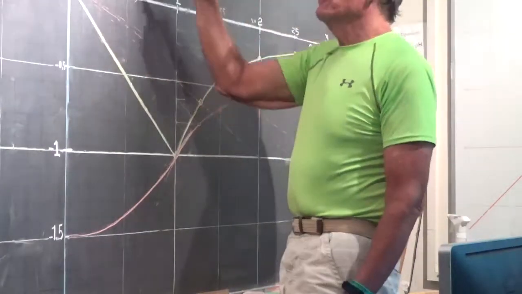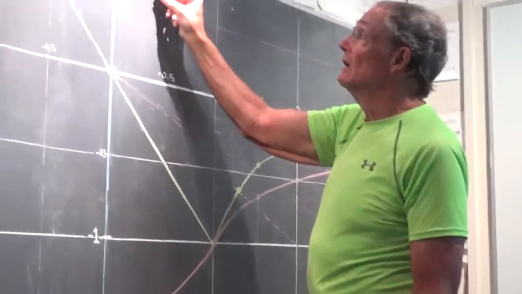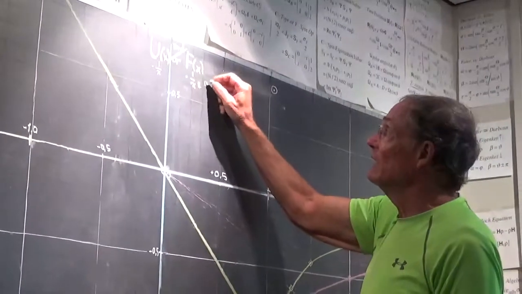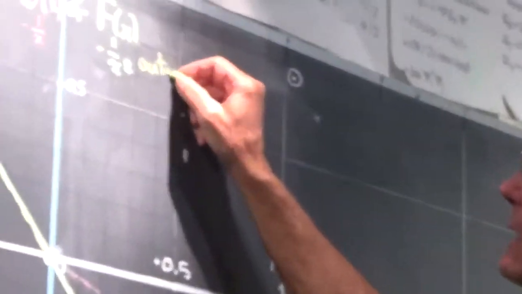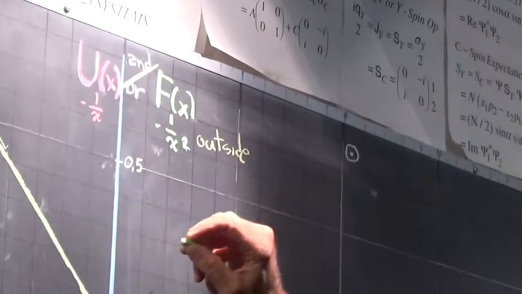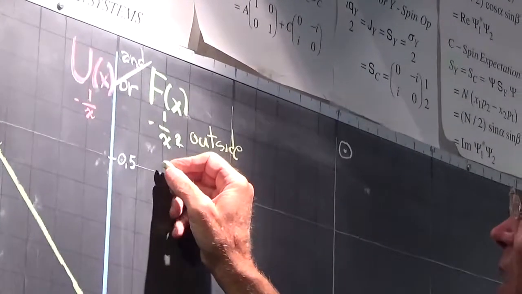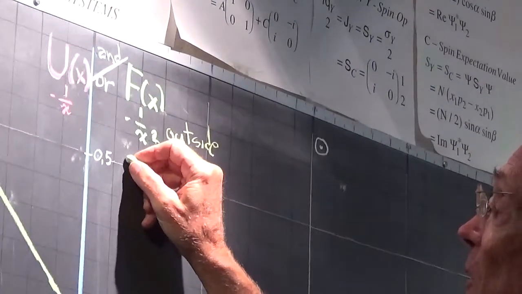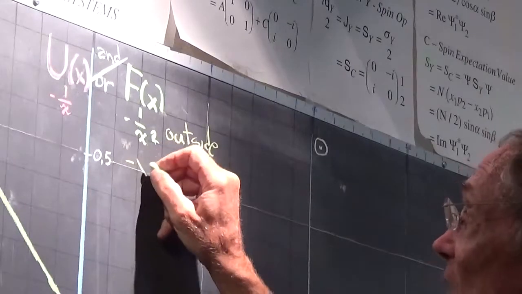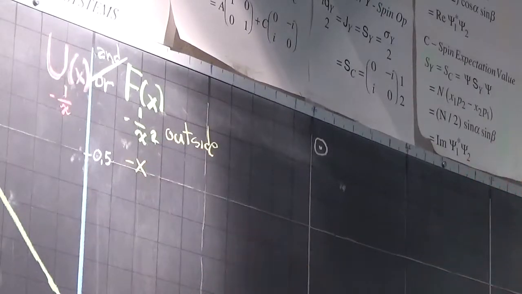So this force right here is the outside, and inside it's simply equal to minus x. The spring constant is 1.